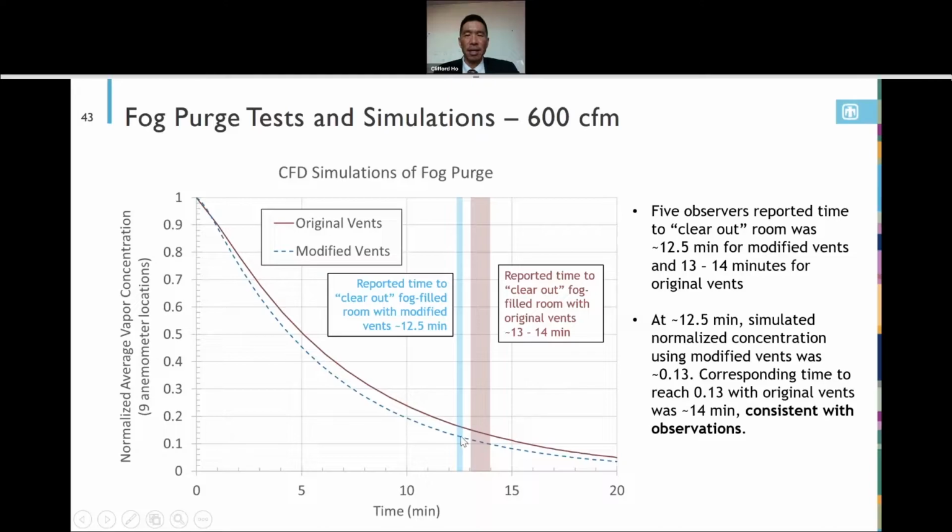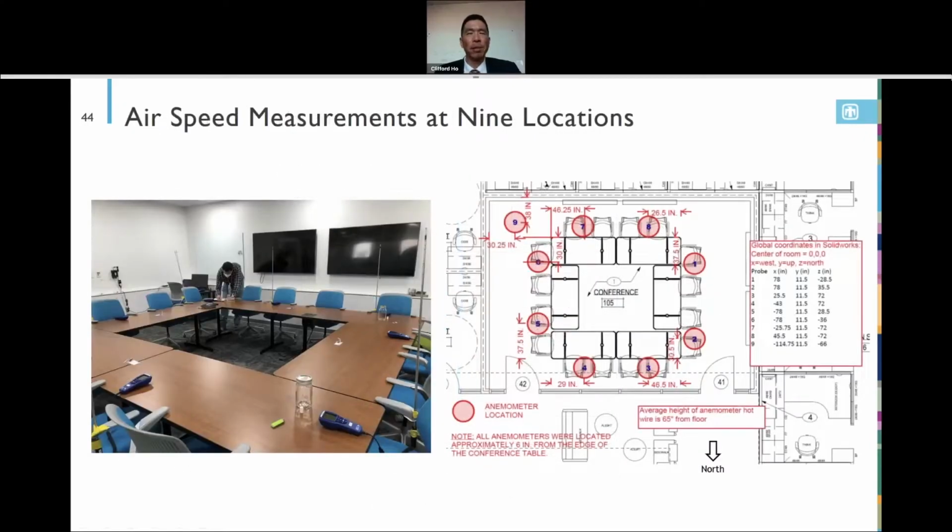And if you look at that concentration for the original vents, the simulation showed it would have taken about a minute or 2 longer to clear out, which is consistent with the observations. Okay, so basically, according to the simulations, we're down to about 10 to 15% concentration, which may have coincided with when people thought it was more or less cleared, and they indicated that. So that was sort of subjective and qualitative.